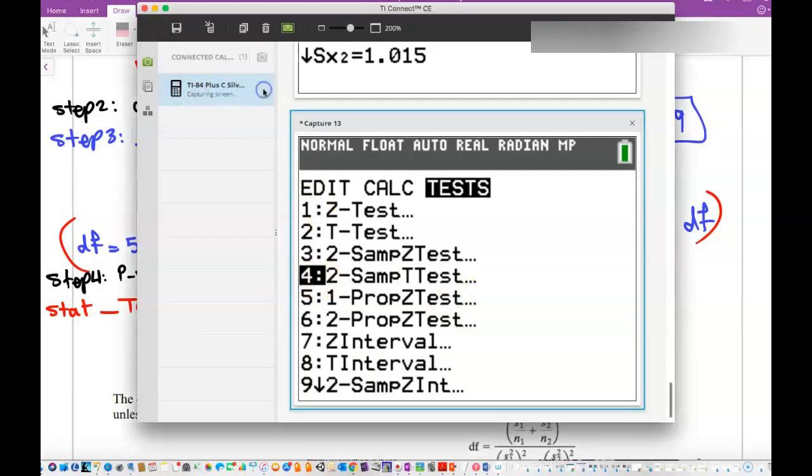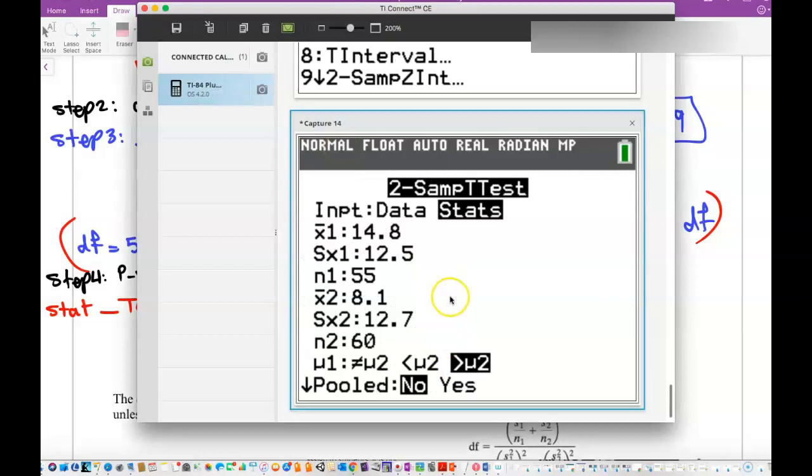Okay, then after pressing number 4, we have these. So you should choose stats, not data, because I'm not entering data. So choosing stats, then enter all these data. Sample mean for the first group was 14.8, standard deviation 12.5, sample size is 55, and do the same thing for the second group. Second group, sample mean 8.1, standard deviation 12.7, and sample size 60.